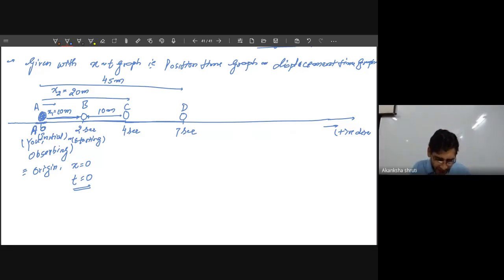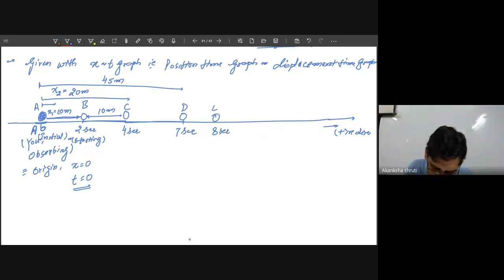So this way we are observing that the body is at different locations and all the positions are measured from the initial origin itself. Let me take another one also, for the 8th second itself. So here it is the 8th second.